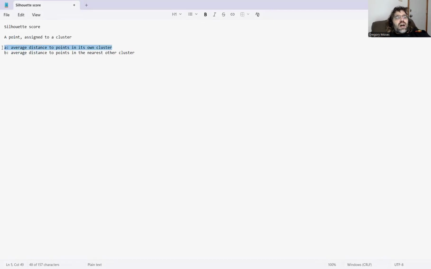And we define two numbers. A is the average distance from this point to other points in its own cluster. B is the average distance of this point to points in the nearest other cluster.